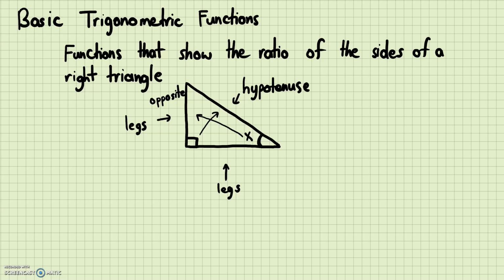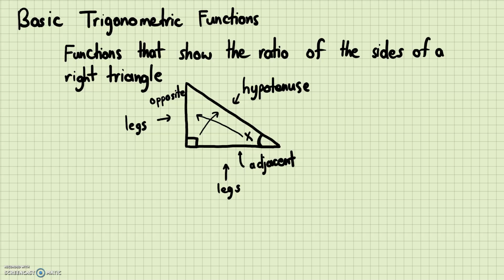And the side that touches the angle but is not the hypotenuse, the side down here, is called the adjacent side. So adjacent, opposite, and hypotenuse are important terminology you need to know when dealing with trigonometric functions.